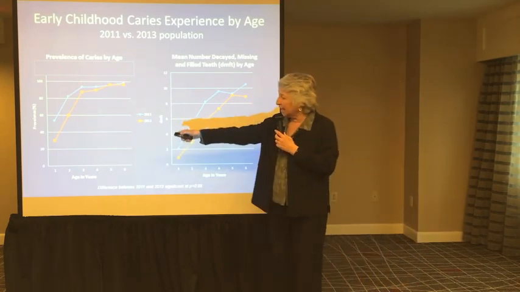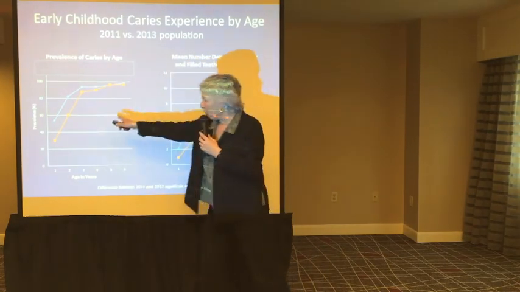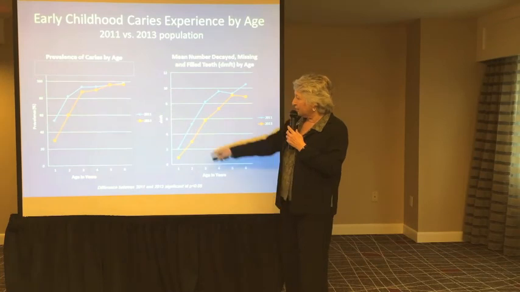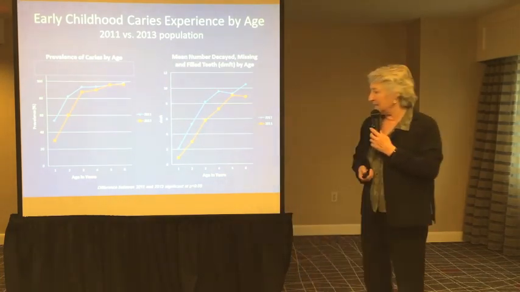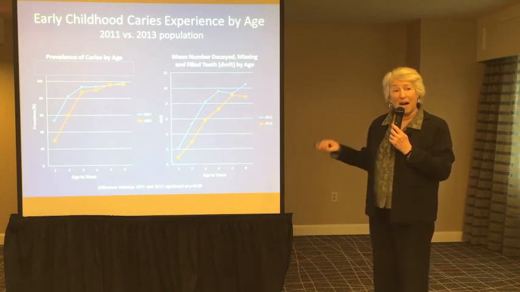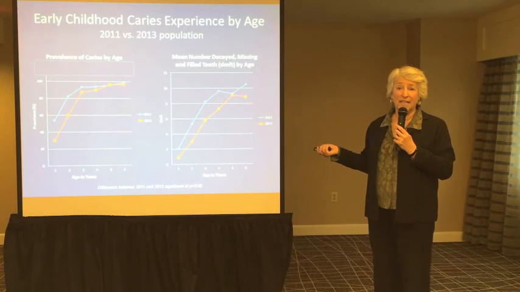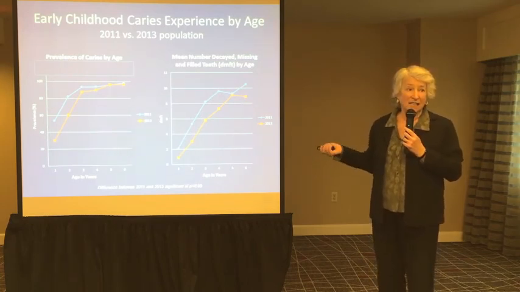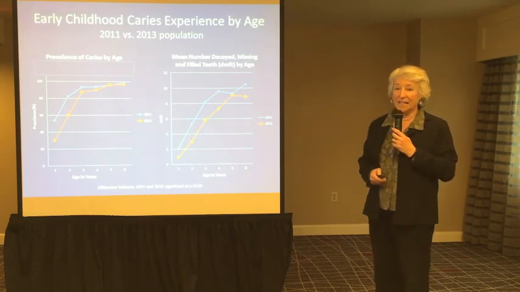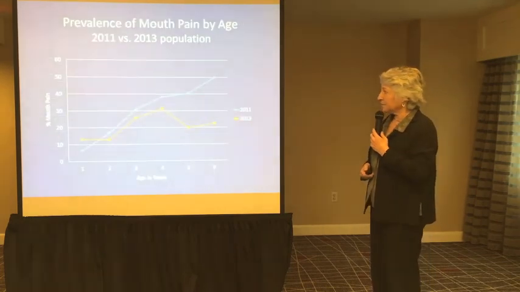We've at least gotten the kids on a different trajectory, slightly slower increase in the prevalence of caries and slightly slower gain in DMFT for the children. But this is still tragic, still tragic. What I've realized is we need a much stronger antibacterial. These kids are still suffering, and the disease is rampant even with our intensive intervention.